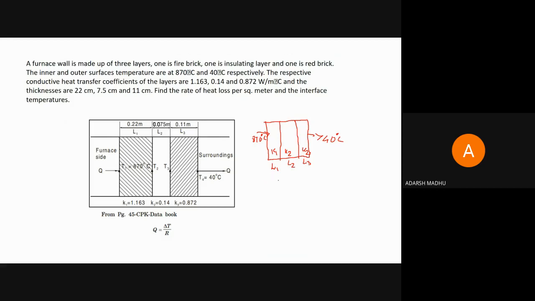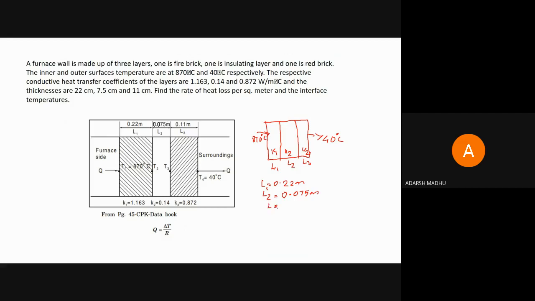So here L1 is given as 22 centimeter. If we turn it into meter, that is 0.22 meter. L2 equal to 7.5 centimeter, which can be converted to 0.075 meter.